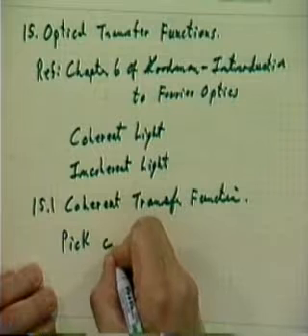And so this inversion also messes up the algebra a little bit. So what we're going to do here is pick a coordinate system such that we don't have to worry about the magnification. We don't have to worry about image inversion.